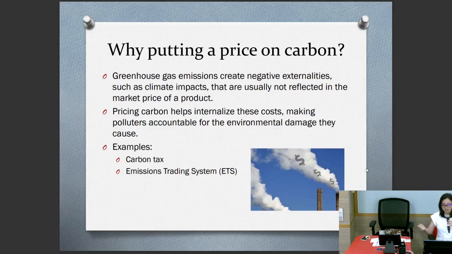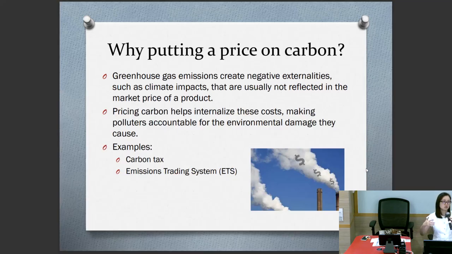And then there is the emissions trading system, ETS. It was introduced in the Kyoto Protocol, and the government or a region will issue some allowance of emissions to different organizations.